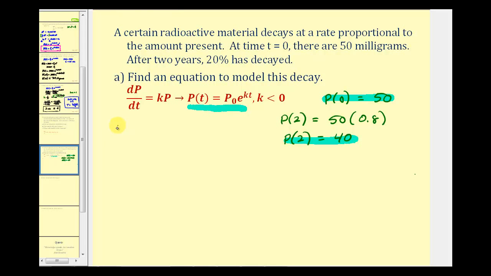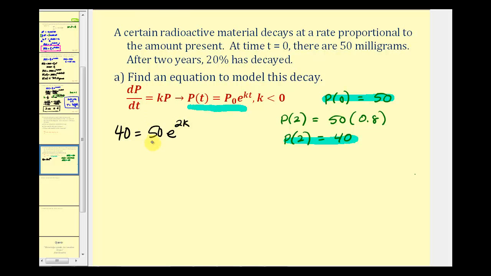So we'd have the equation 40 equals 50 times e raised to the power of k times 2, or 2k. Again, this is telling us that we're starting with 50 milligrams. After 2 years, when t is 2, we have 20% less, or 40 milligrams. Now that we only have one unknown, we can solve for k.